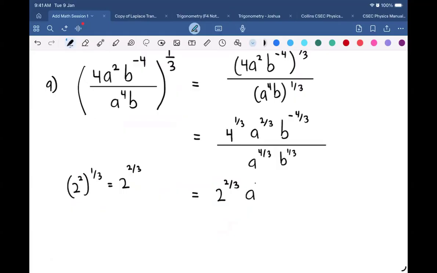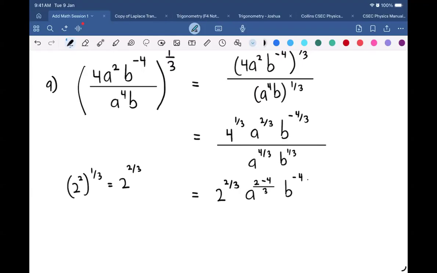So that's going to be a to the power 2 minus 4 all over 3. Shay, did I confuse you there when I said 2 minus 4 over 3? Oh no. Serena, did I confuse you? No, sir. Okay. Right, and Isaiah, this is going to be b to the power minus 4.